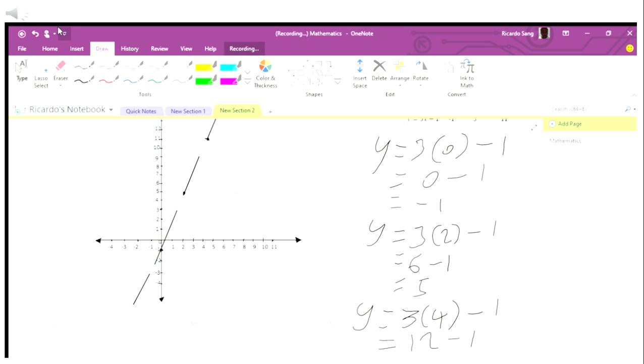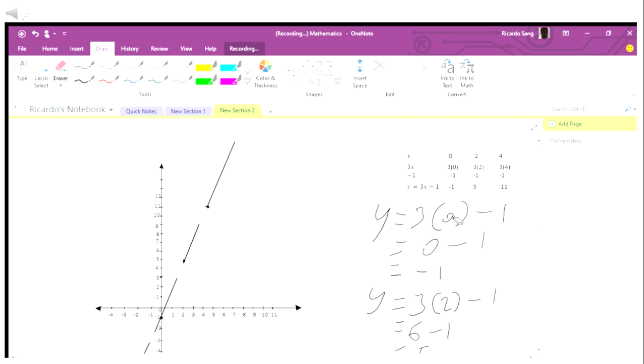The bottom part here looks a little lean. Let's see if we can fix this part. Okay. Looks like it. Alright, so that's the line.